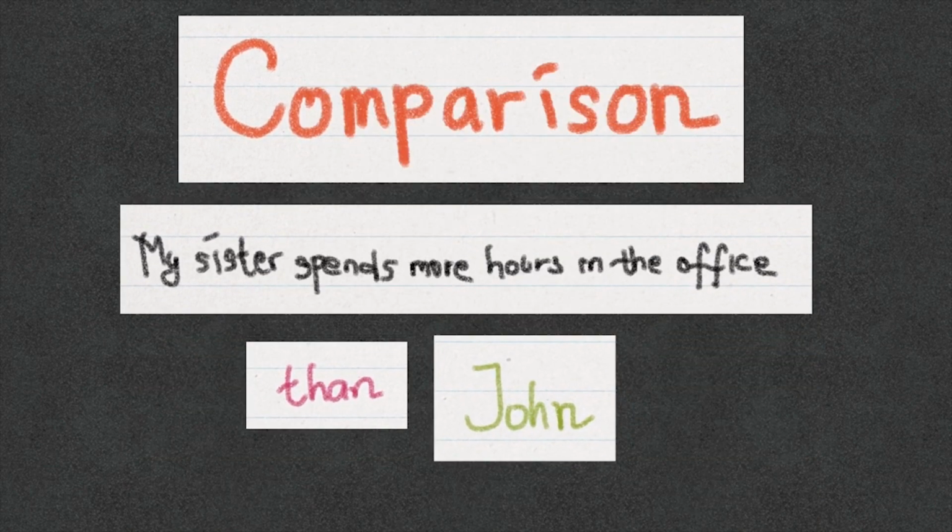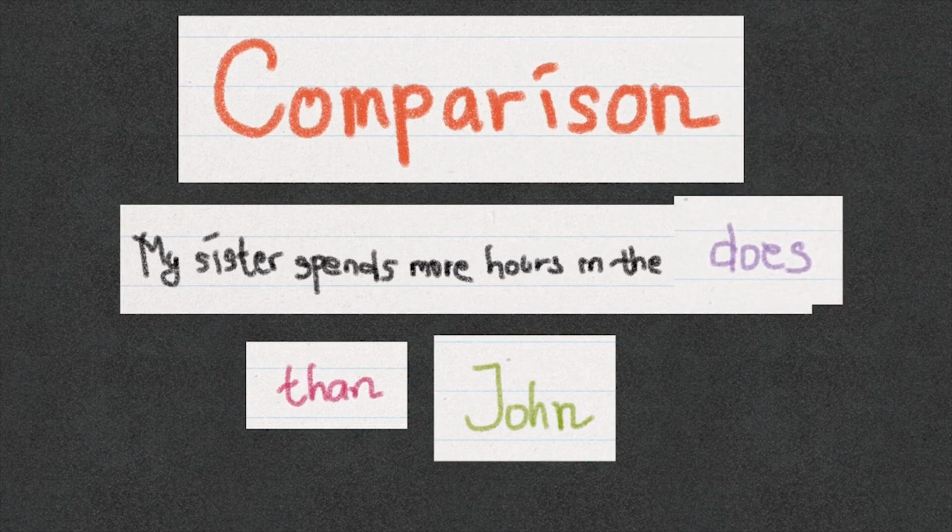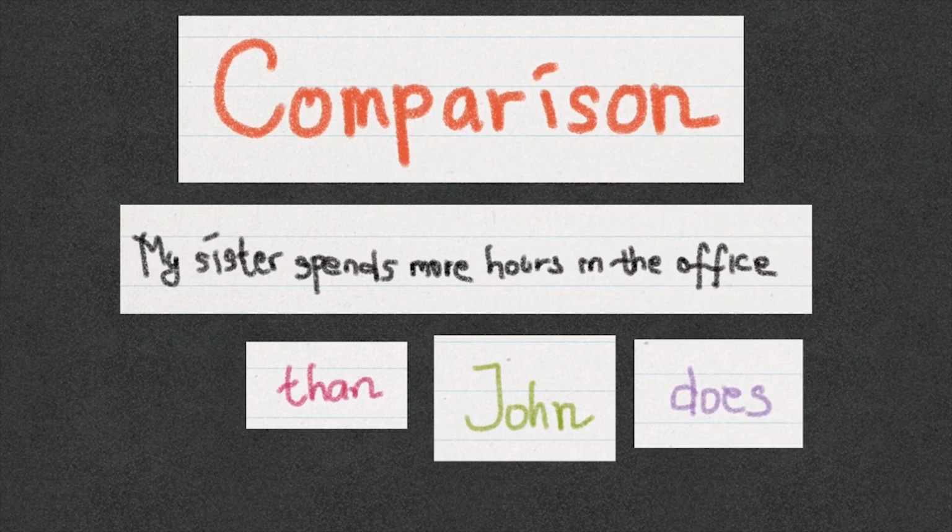My sister spends more hours in the office than John. This sentence is what we normally would say, but we could also add an auxiliary after John. My sister spends more hours in the office than John does. This sentence has exactly the same meaning as the previous one.